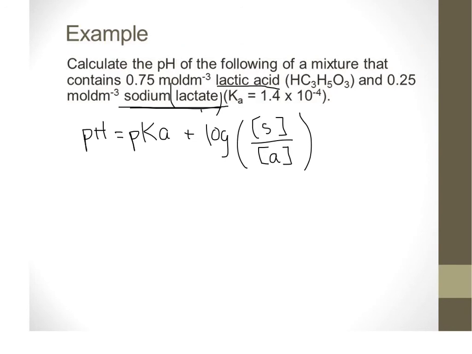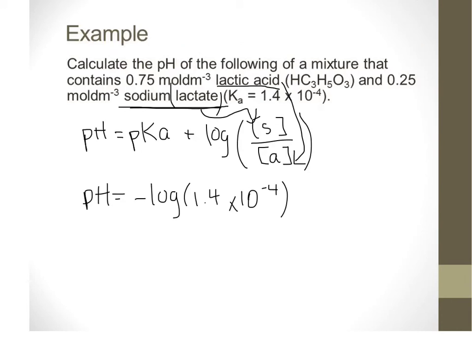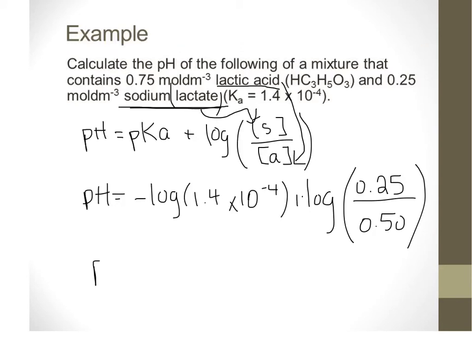So the sodium lactate is our salt, the lactic acid is our acid. We're going to plug in our values then. pKa is the negative log of our Ka, which is 1.4 times 10 to the minus 4, plus the log of our salt concentration, 0.25, divided by our acid concentration, which is 0.5. So if we were to solve this, we would get a pH of 3.37.